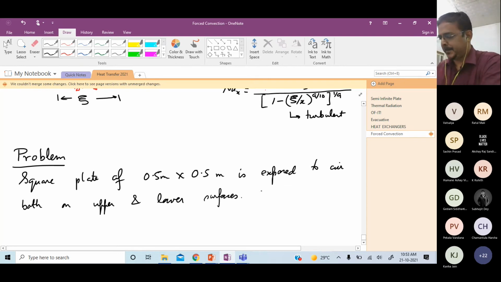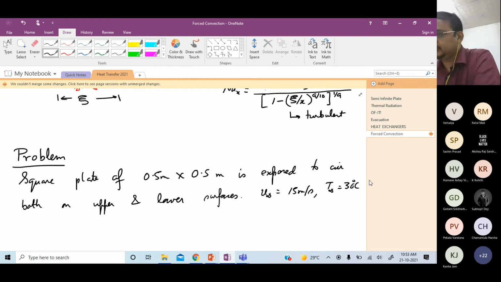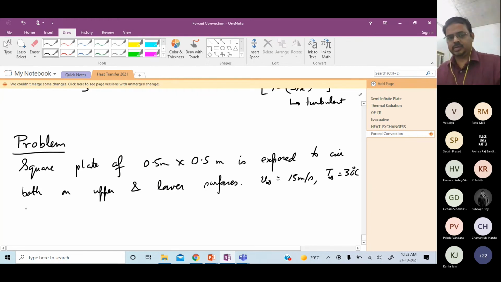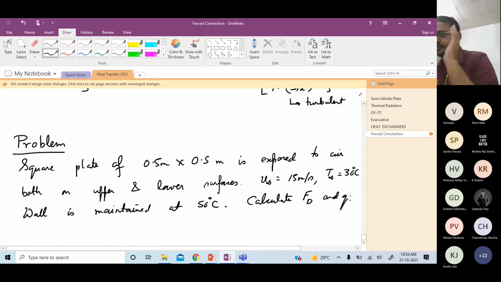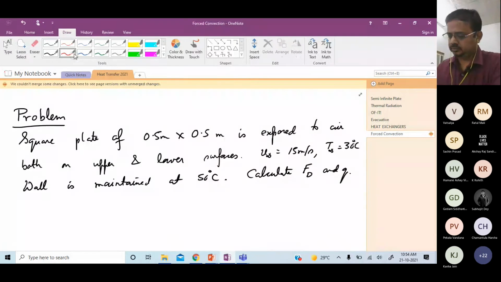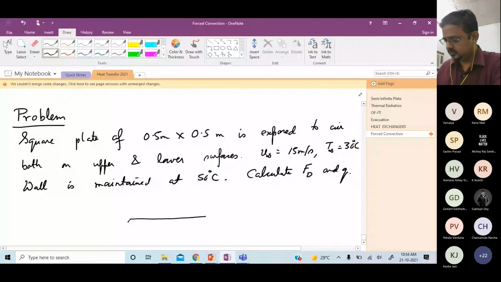U infinity is equal to 15 meters per second and T infinity equals 30 degrees C. The wall is maintained at 50 degrees C. I'm asking you to calculate the drag force Fd and Q. How will we solve this?